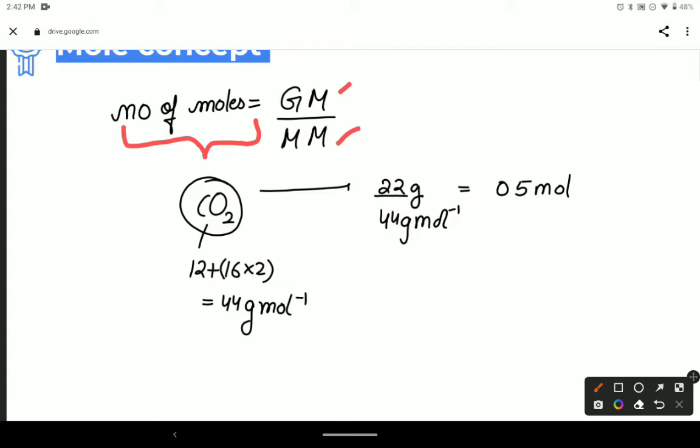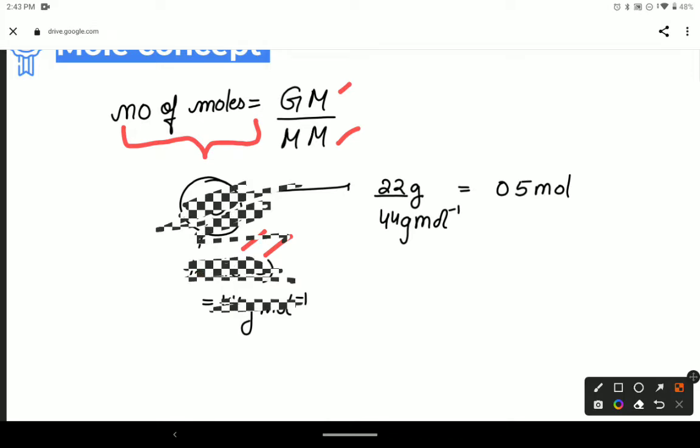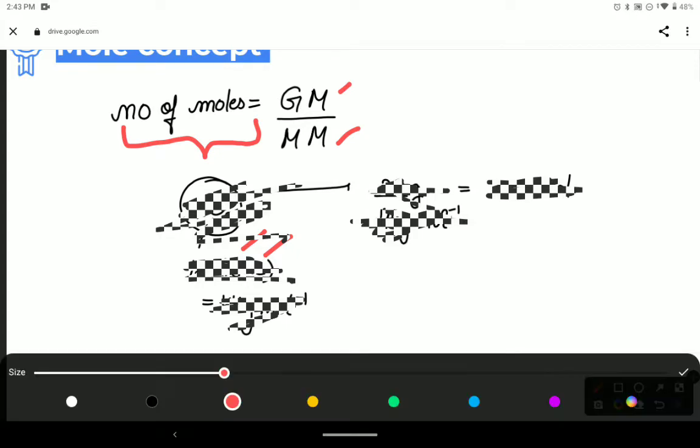Let's say CO2. We were asked to find the number of moles, where 22 grams of carbon dioxide were taken in the question. Let's strike it off, and let's take green.